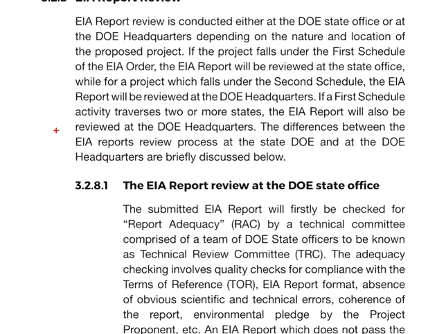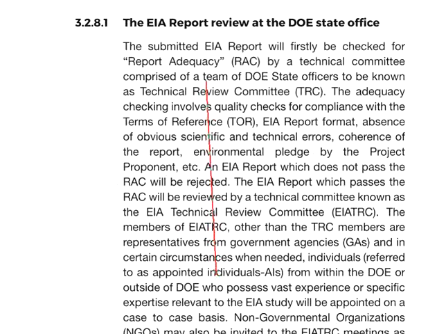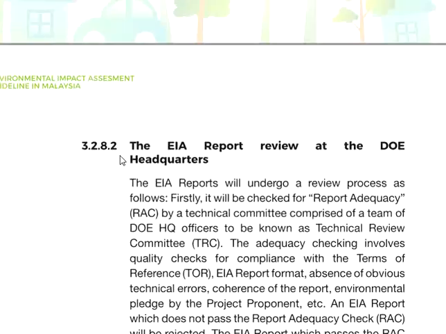Now, the review process by the State Department of Environment and the headquarters of the Departments of Environment are slightly different. For more details, you may refer to the guideline as listed here.